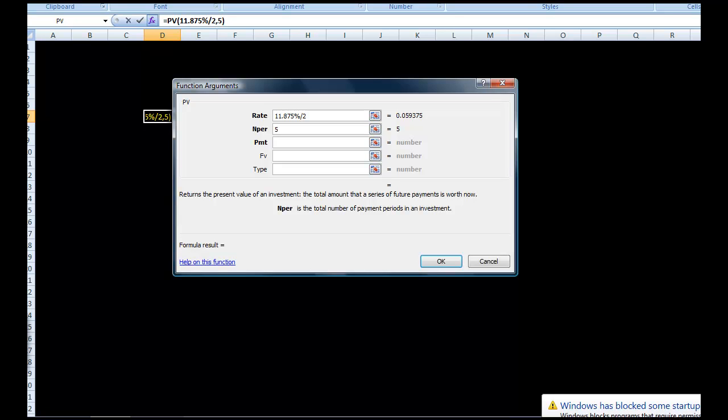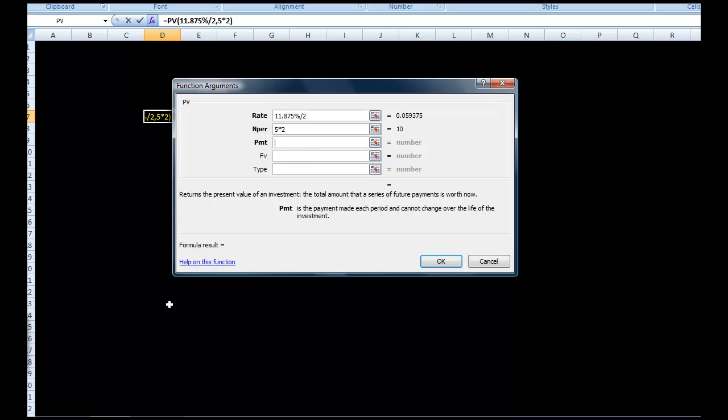That's the time till maturity. However, we're going to get paid interest twice each year, so we multiply by 2. We're going to have 10 interest payments at 5.9375% for 10 periods.